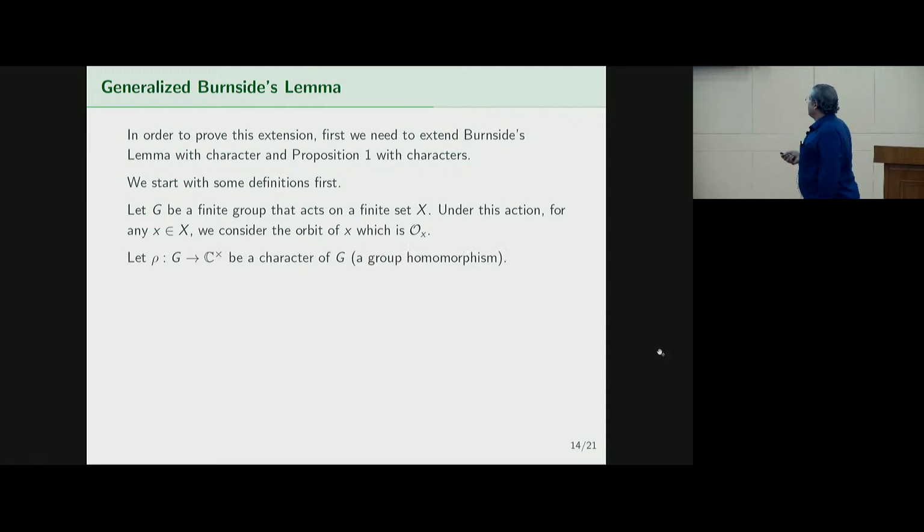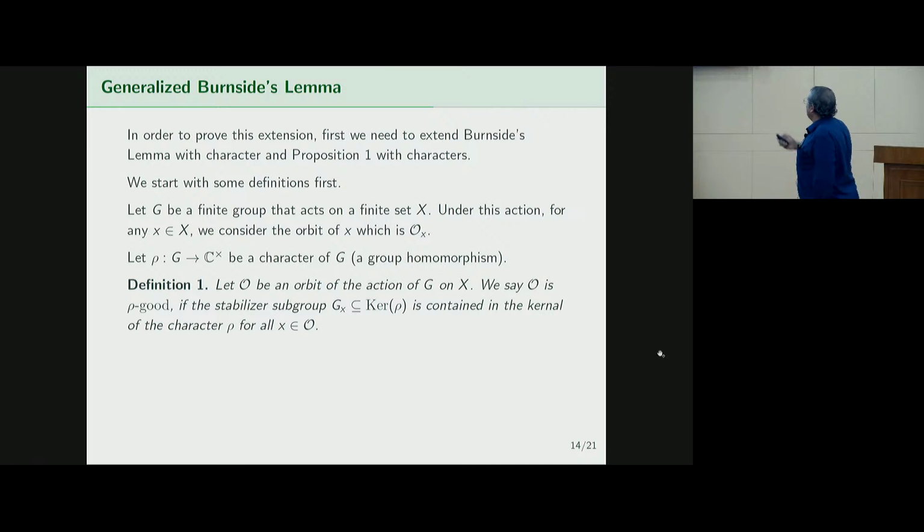Rho is a character on G, so it means it's a group homomorphism from G to C star, the multiplicative group of C. First definition: suppose the action is given and the orbit of the action of G on X is given, we say, and the character is given.